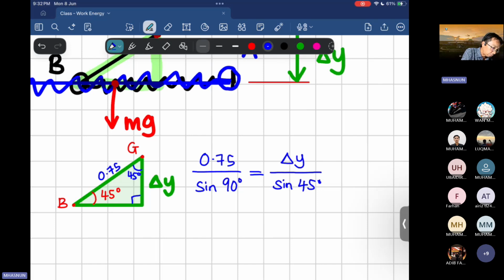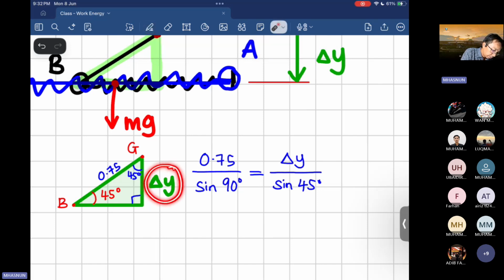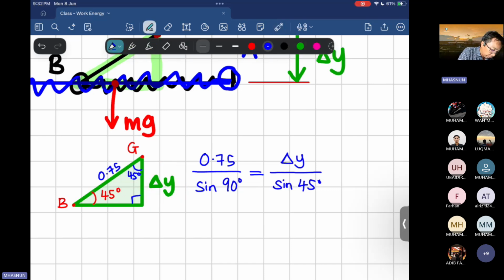Delta y is here divided by the sine of the opposite angle of delta y, which is 45 degrees. So we will have then the value of delta y is equal to 0.5303 meter. That is the value of delta y.